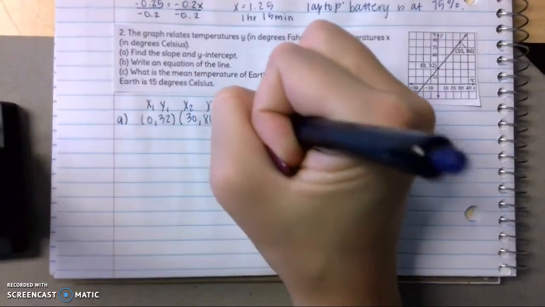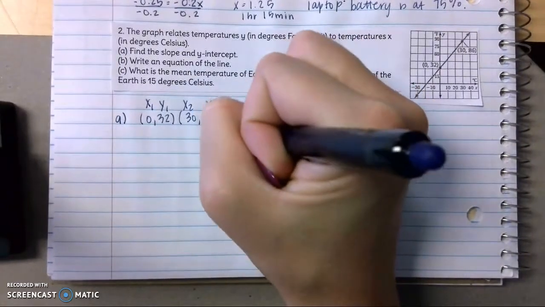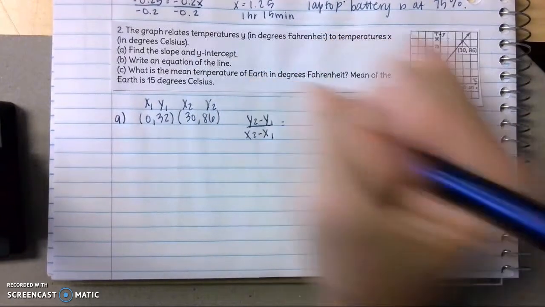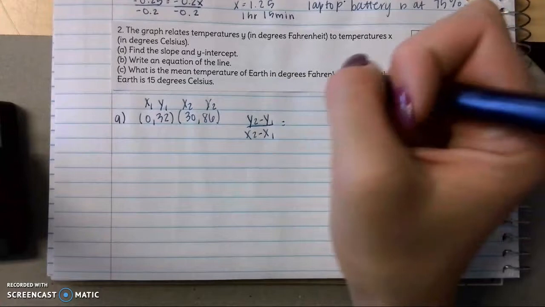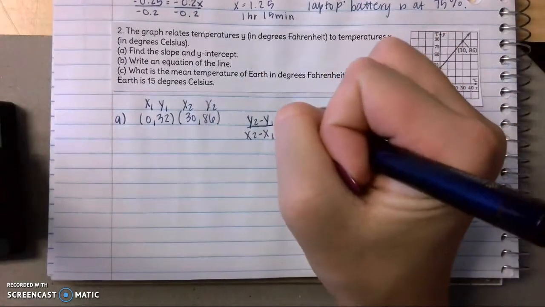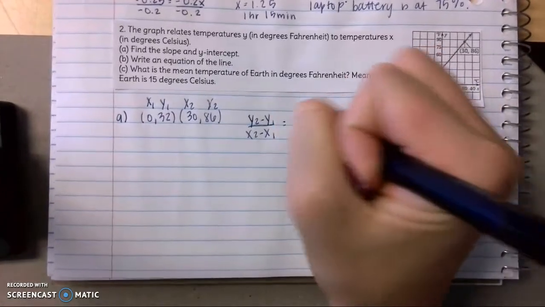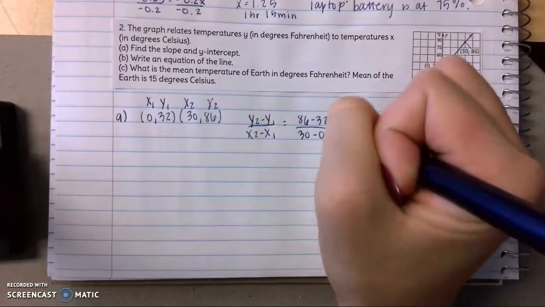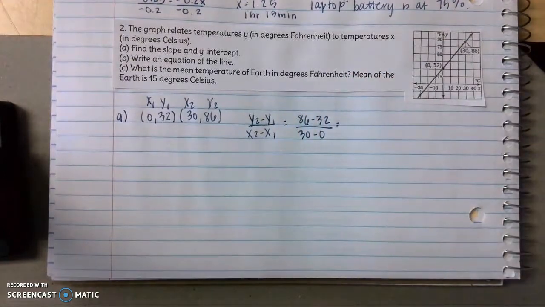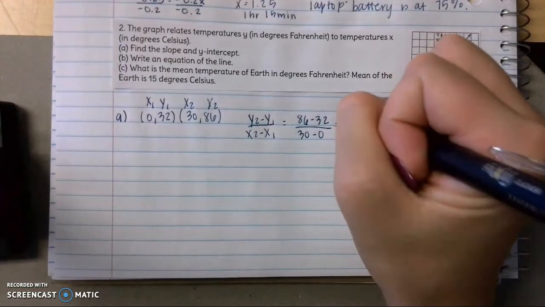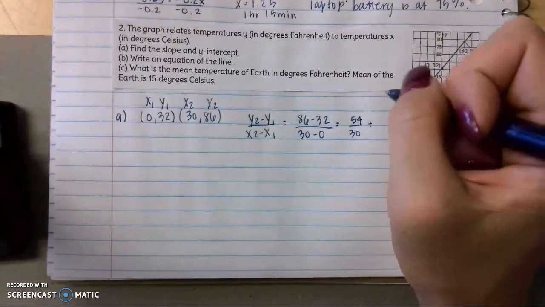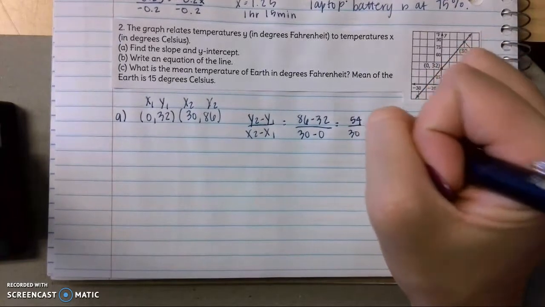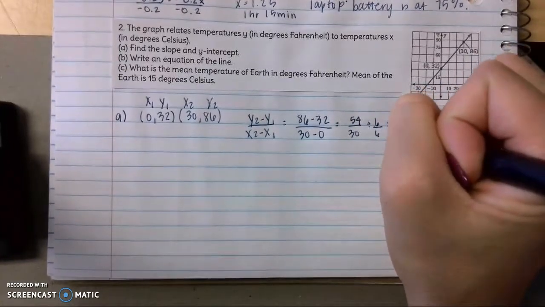I'm going to use the slope formula, y2 minus y1 over x2 minus x1, on the 2 points that the graph gave us. 86 minus 32 over 30 minus 0. I'm going to be left with 54 over 30, which, when I divide the numerator and the denominator by 6, I get 9 over 5.